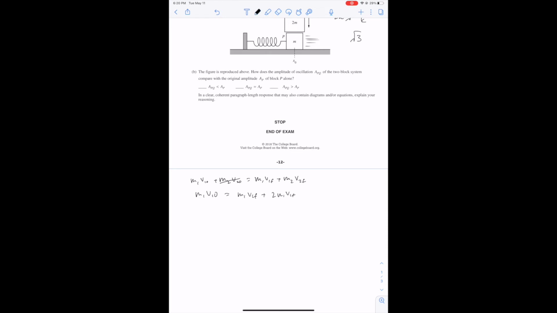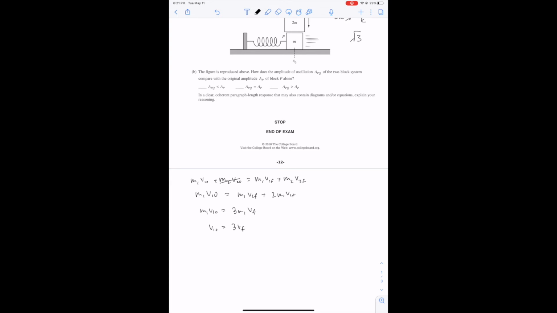And simplifying this out, we get m1 times v1 naught is going to be equal to 3m1 times v final. And if we cancel out the m1s, we get v1 naught is equal to 3v final.